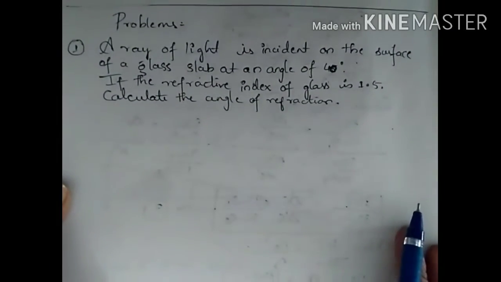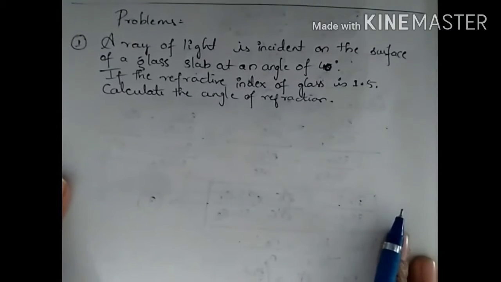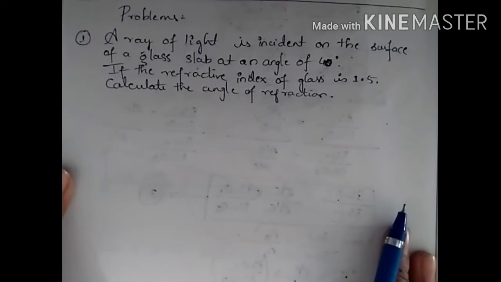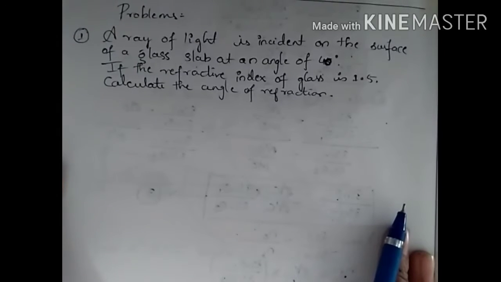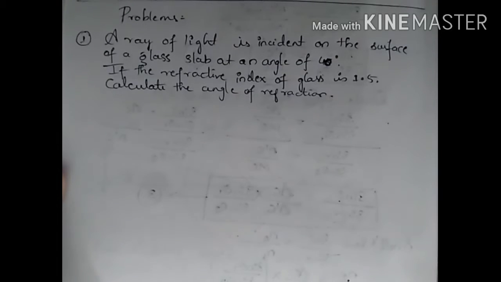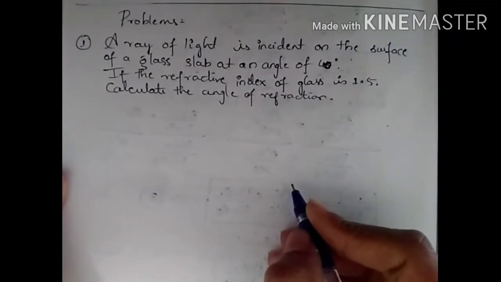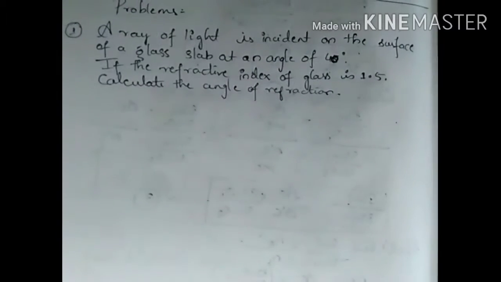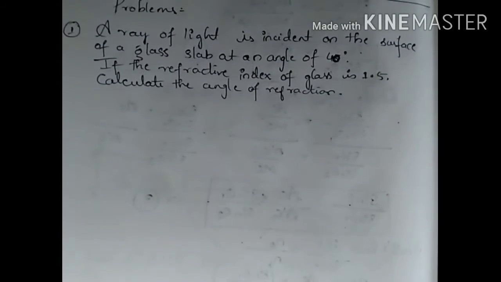Now from the problem, there is a light which is getting incident on the glass slab. You don't know what medium 1 is. When you don't know what medium 1 is, then it will always be the air medium.